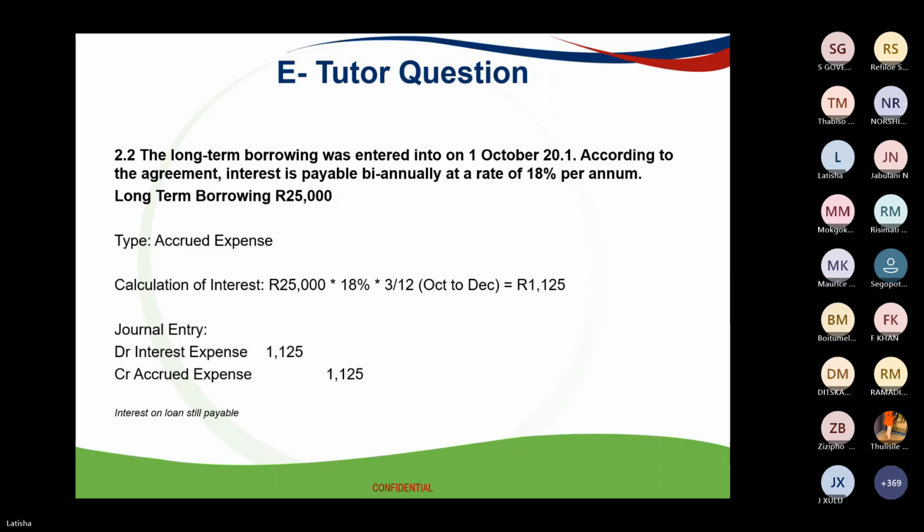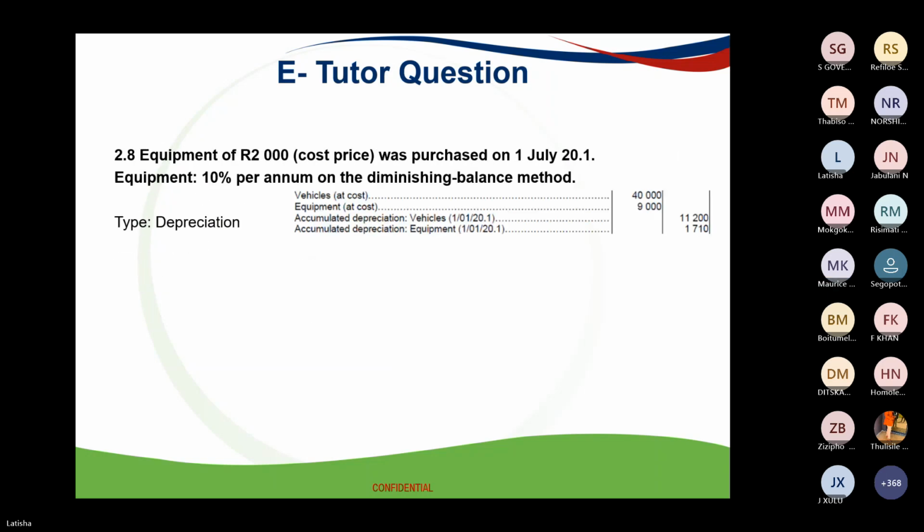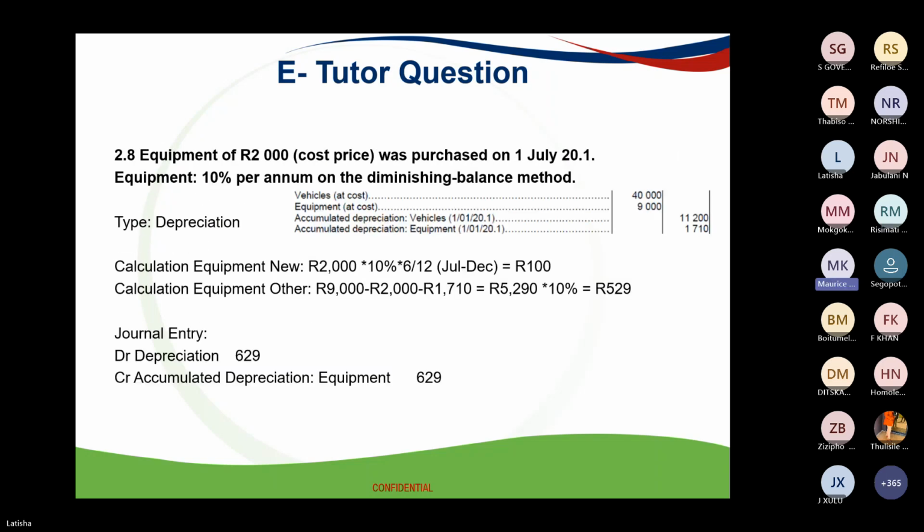I'm just referring my question to 2.8. Okay, I'm back when it shows. So when I read 2.8, it only said equipment of 2,000 Rand was purchased on 1 July. I interpreted it as, oh, it hasn't been entered into the equipment account and the bank account.